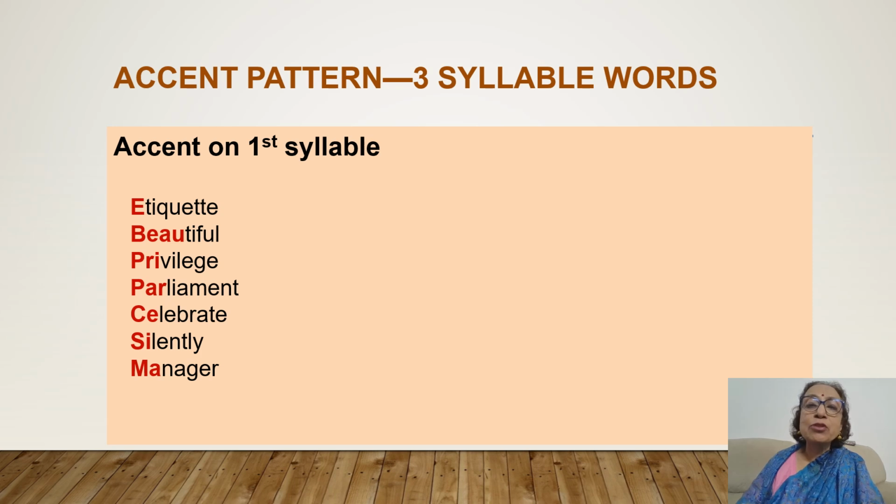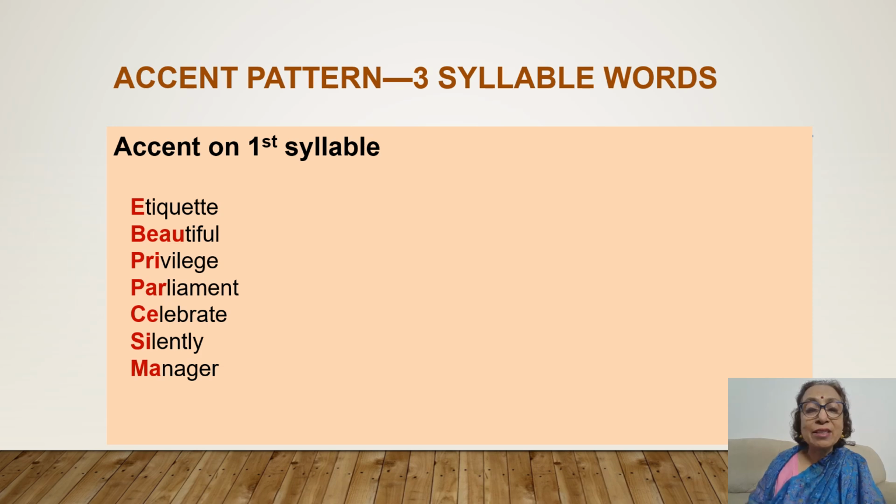Now we come to the 3-syllable words, 3 slides. First syllable stress, second syllable stress, and third syllable stress. So we have here the word etiquette. Now, how are the syllables? A is 1 syllable, T is 1 syllable, and ket is 1 syllable.